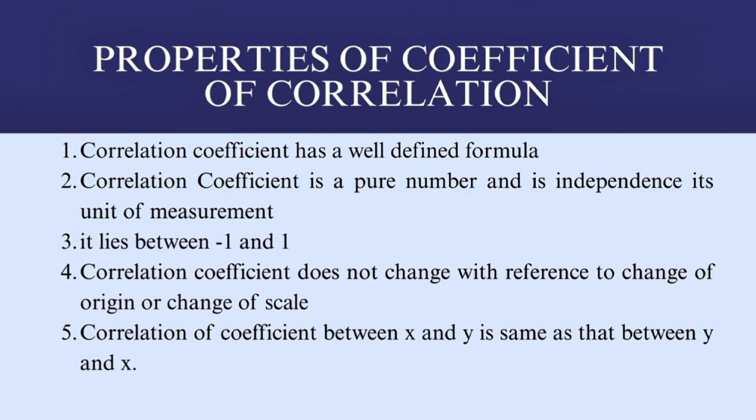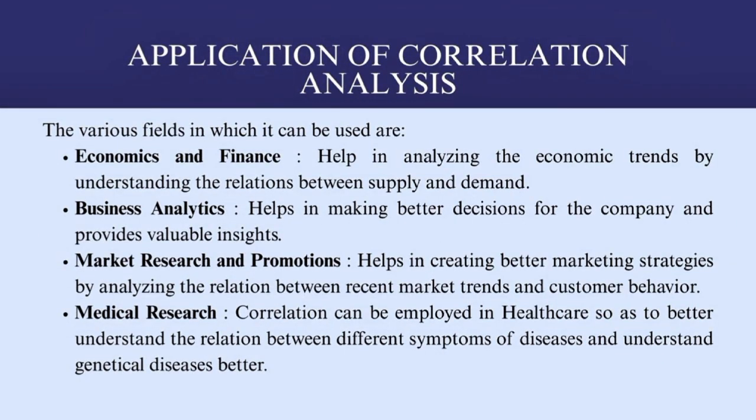Its key features: a defined formula, unitless nature, specific range, invariance to transformation, and symmetry make it a robust and reliable measure in statistics. Next is application of correlation analysis.